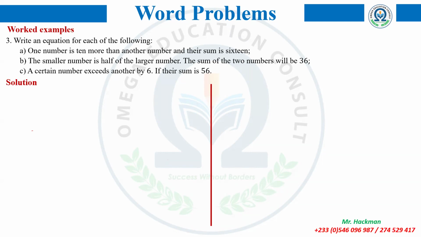All right. Worked example number 3: write an equation for each of the following. We need to give the equation form of what we have here. Just the equation, we don't go beyond the equation. So question 3, solution.